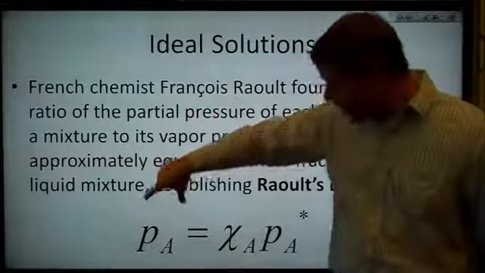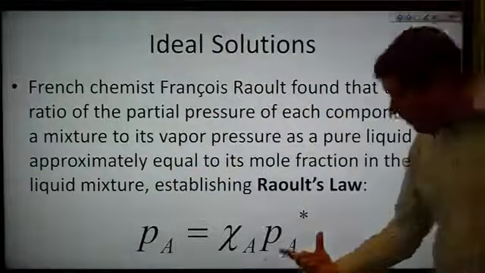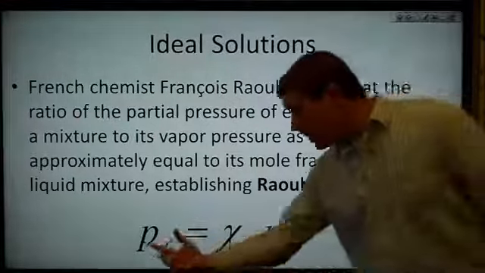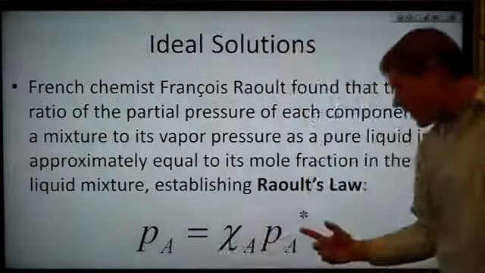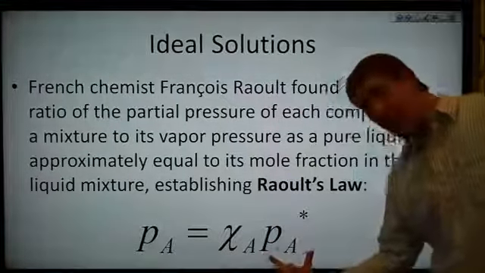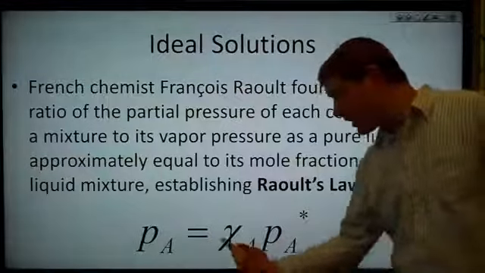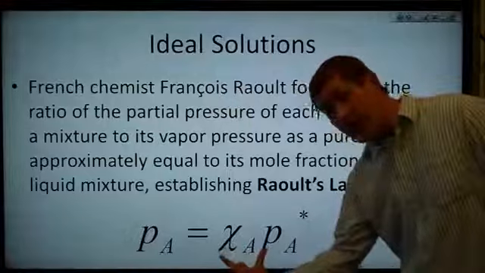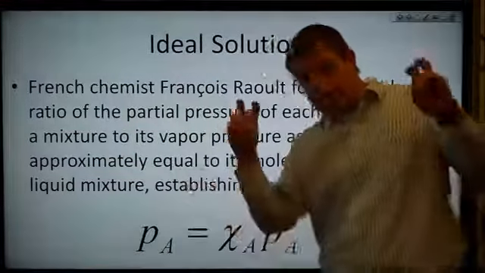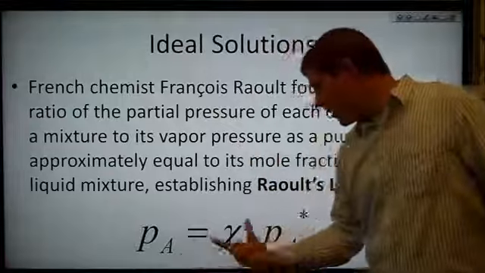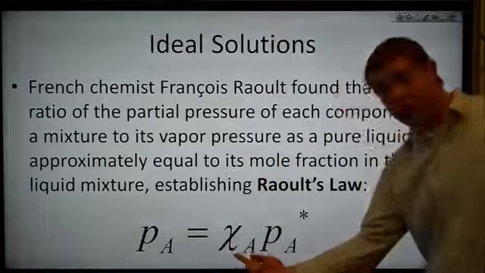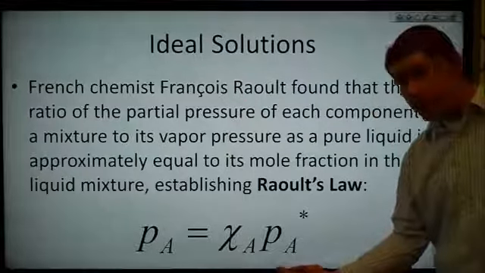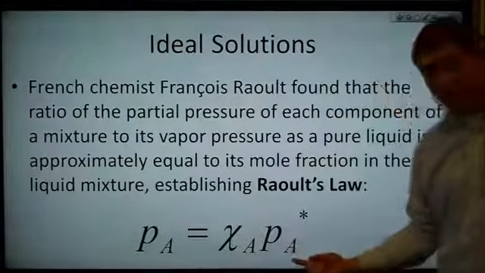So the vapor pressure of A in a mixture is equal to the vapor pressure of A while it's pure times the mole fraction of A in that mixture. So if we have pure A, then the mole fraction of a pure substance is 1, times the vapor pressure. So that means that PA is equal to PA star.